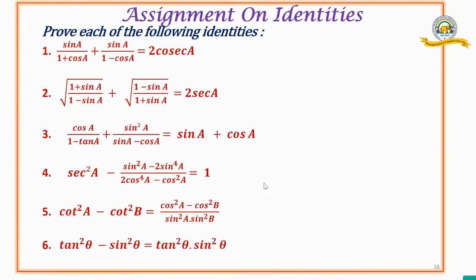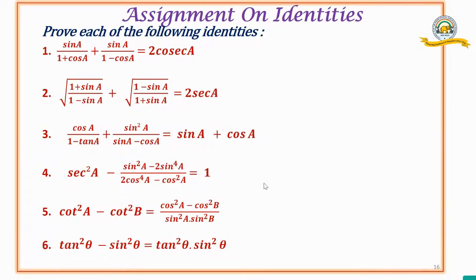Next one, cot square A minus cot square B equal to cos square A minus cos square B upon sine square A into sine square B. Next one, tan square theta minus sine square theta is equal to tan square theta into sine square theta.